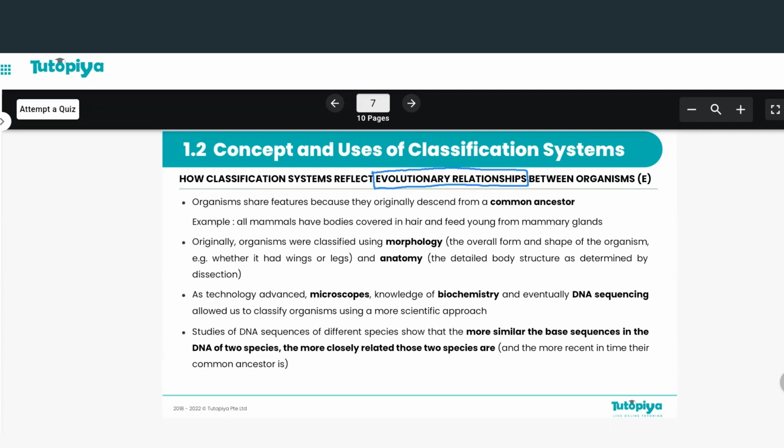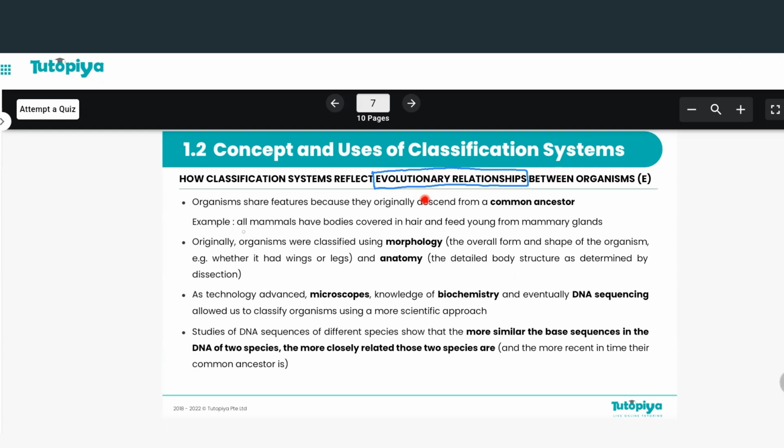All right. Now, when we talk about classification systems, the aim of a successful classification system is basically to reflect the evolutionary relationships between the organisms within a particular group. Now, if you think about this scientifically, how is it that certain organisms share similar features?